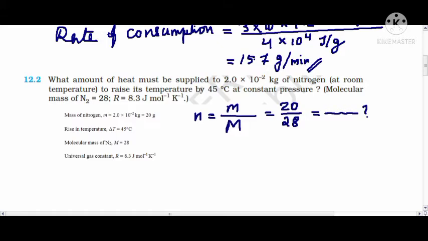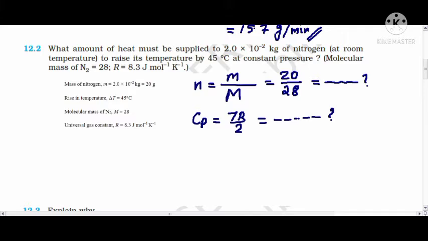Once you get the number of moles, then we can have the specific heat, Cp, specific heat at constant pressure, is equal to 7R by 2. So by substituting the values, you can calculate the specific heat at constant pressure. Then afterwards you can use the formula for heat absorbed.